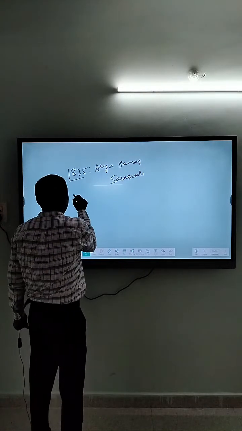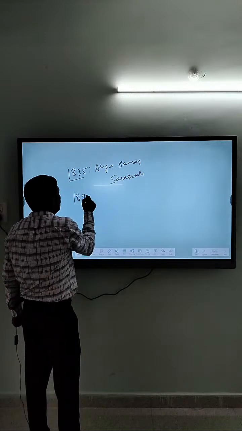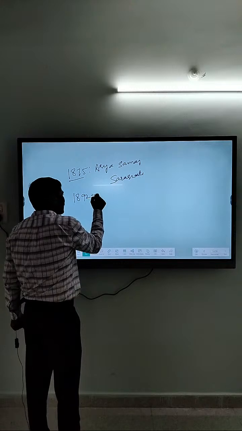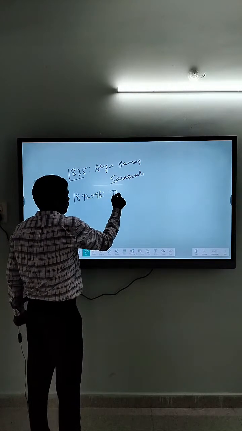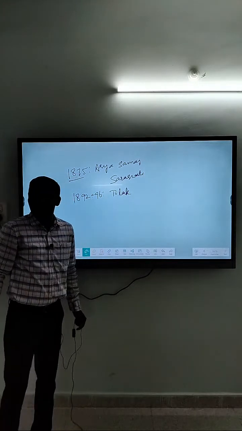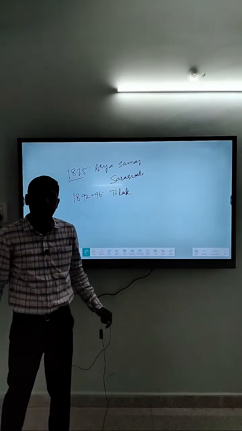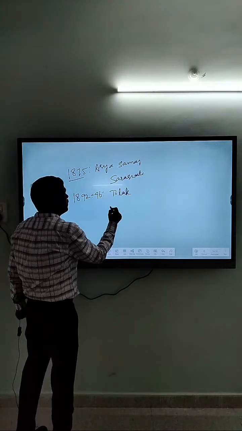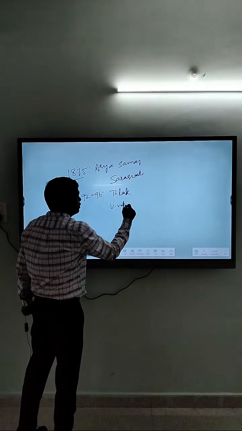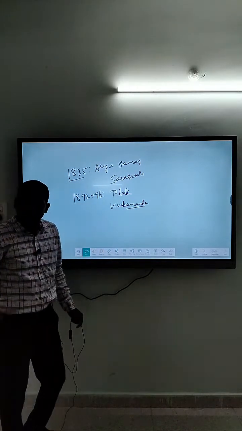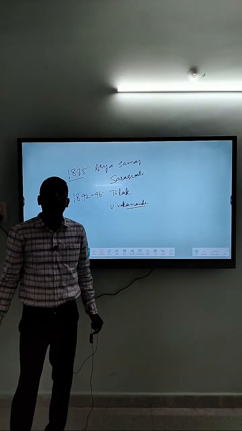In 1892, from 1892 to 1896, it was Bala Gangadhar Tilak who inspired the people for the sake of Swaraj. Even Swami Vivekananda talked about the goal of Swaraj.